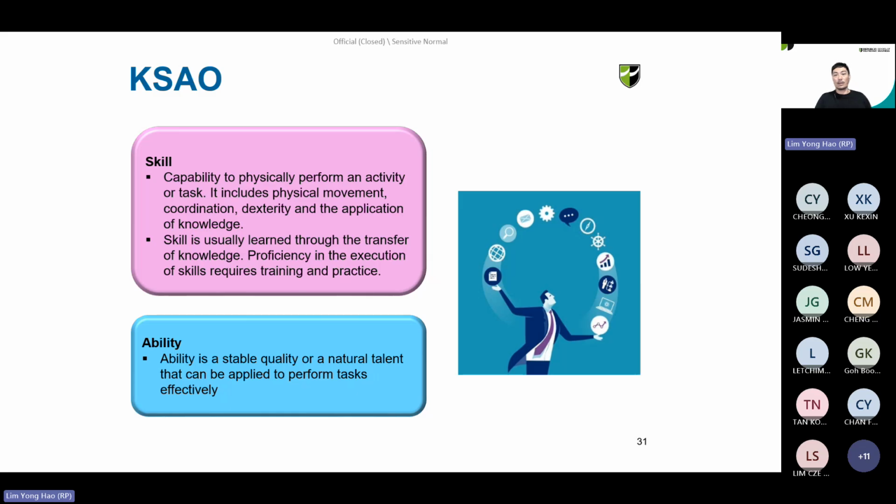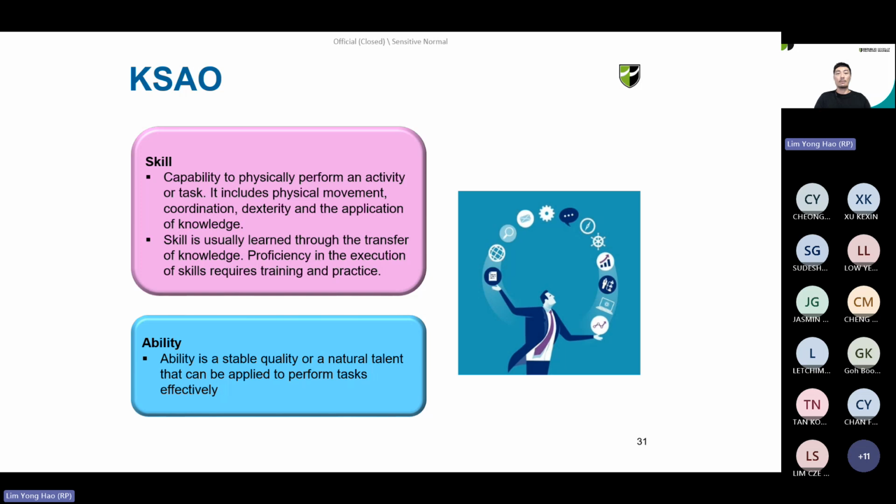Ability is related, but it's a bit more stable. It doesn't change that much. Even if you don't use it, it may not totally go away. There's some form of natural talent. People may be naturally good at doing particular things.